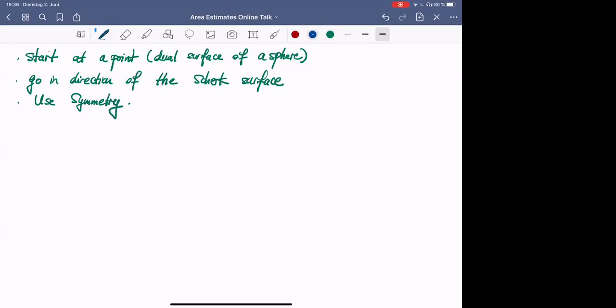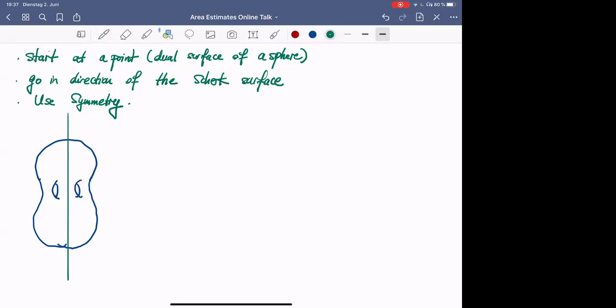So how does this look like? Let me just draw a picture. And again, this is just a genus 2 surface with these handles. And we have the symmetry line here, which will have 4 fixed points. What we do is to cut out the handle.